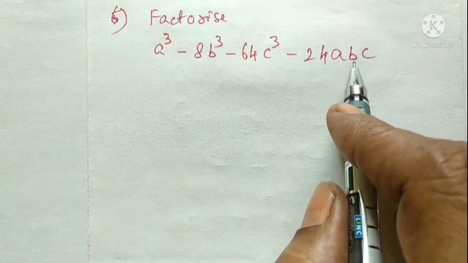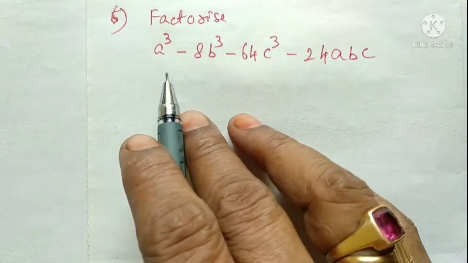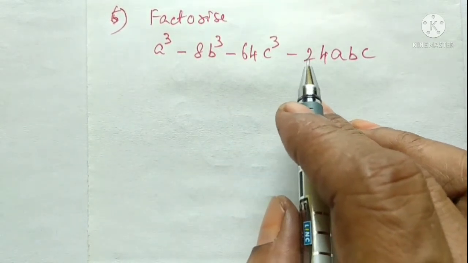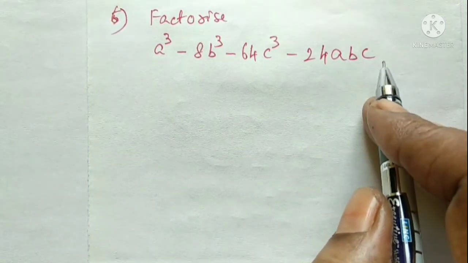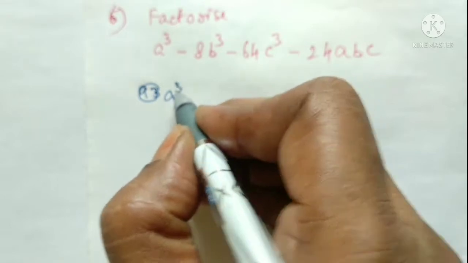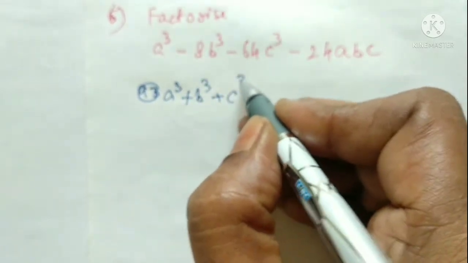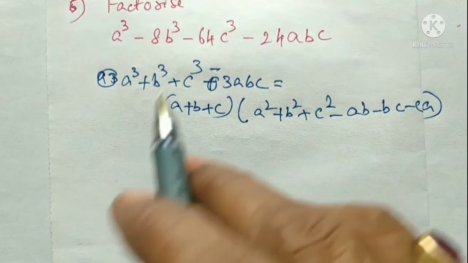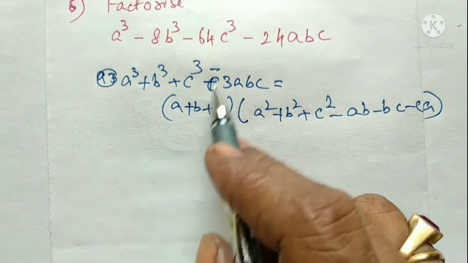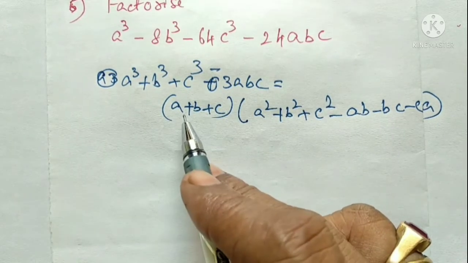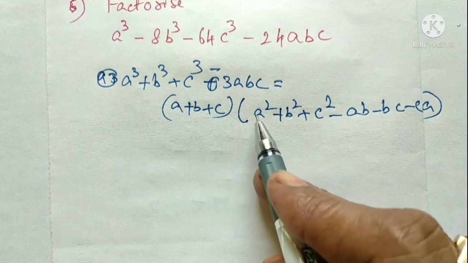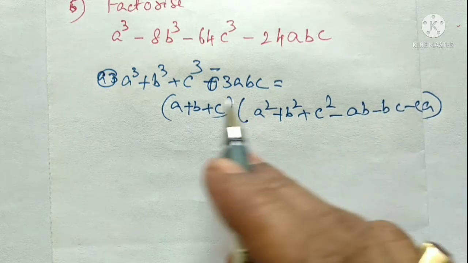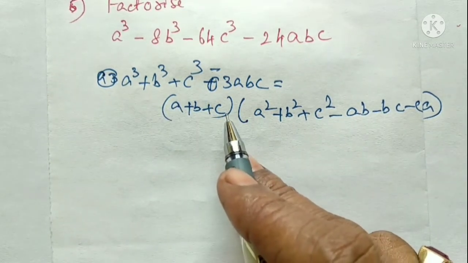By seeing this, immediately we have to remember the algebraic identity a cube plus b cube plus c cube minus 3abc is equal to (a plus b plus c) into (a square plus b square plus c square minus ab minus bc minus ca). This is an algebraic identity we have.